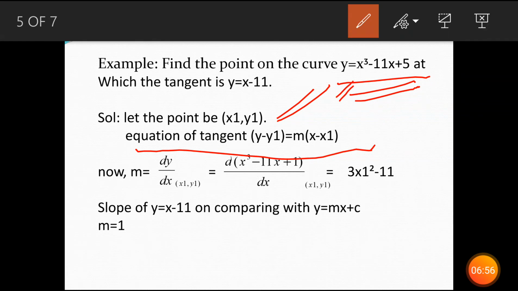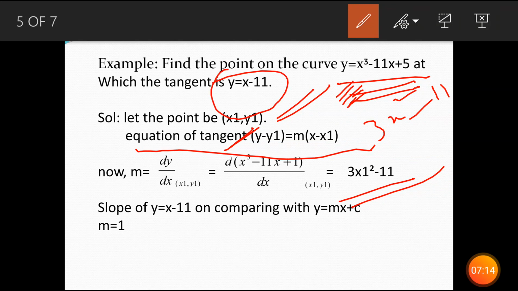So if we calculate y dash, we will get 3x square minus 11, and the point is x1 y1, so this will become 3x1 square minus 11. This is your slope.